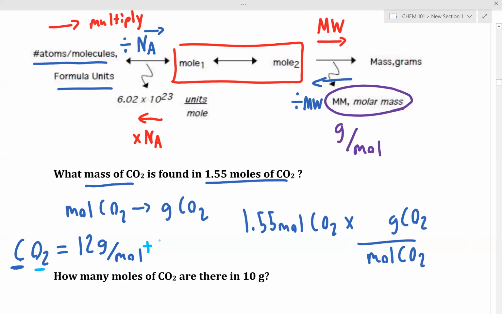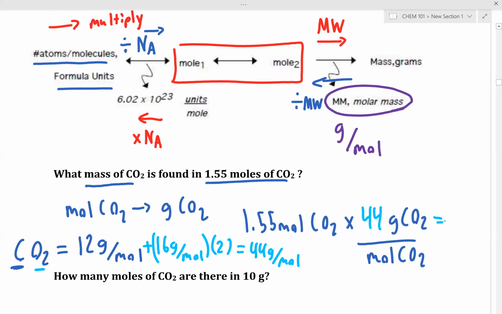So for oxygen, what is oxygen's atomic mass? 16. So we have 16 gram per mole. And then how many oxygen atoms do we have? 2. And if you punch this into your calculator, you get 44 gram per mole. So what do we input for our molar mass? 44.